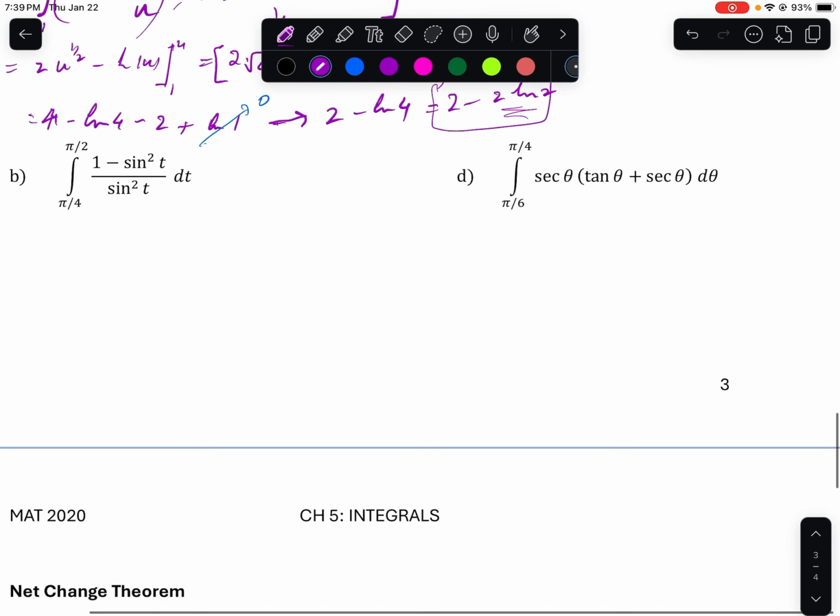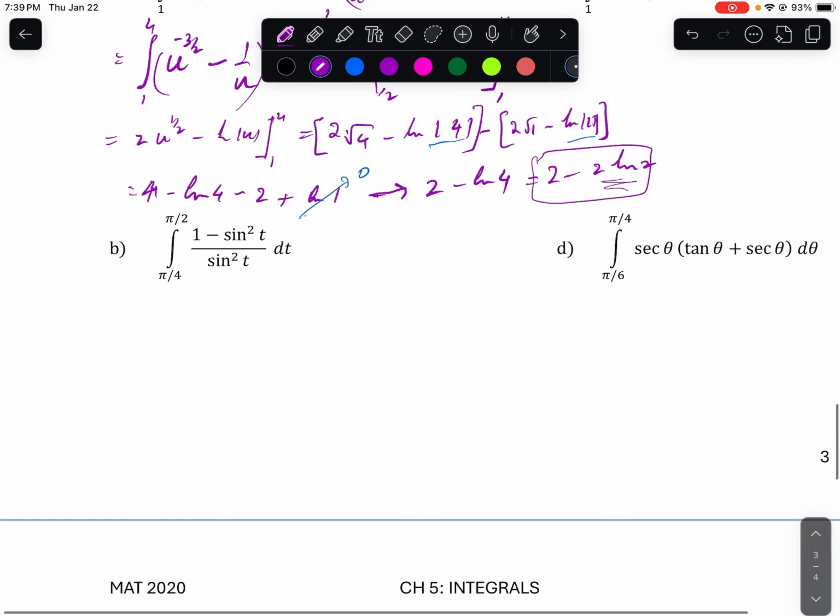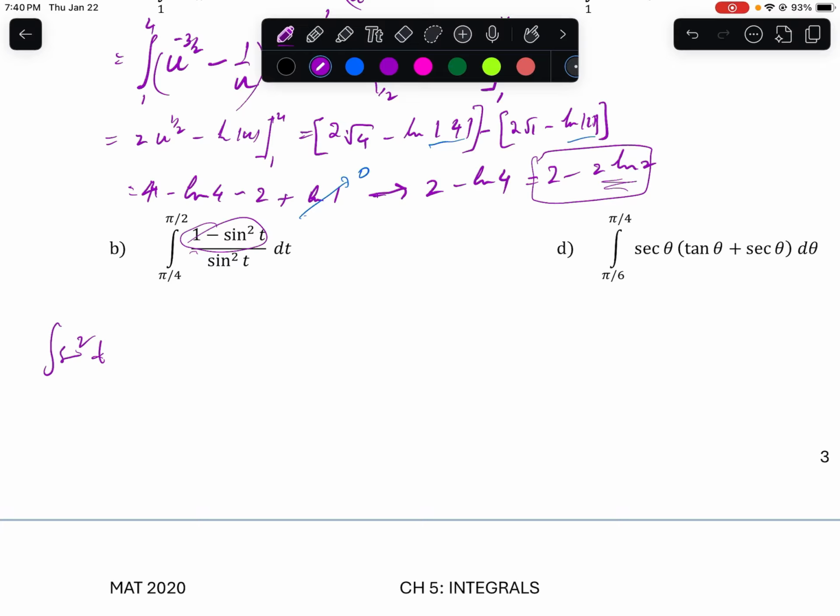So let's go down here. So I have 1 minus sine square t over sine square t. Again, remember, can we do it like integral of the top divided by integral of the bottom? No, we cannot. And also, if you see the integral of sine square t, that is something we don't have in our table.